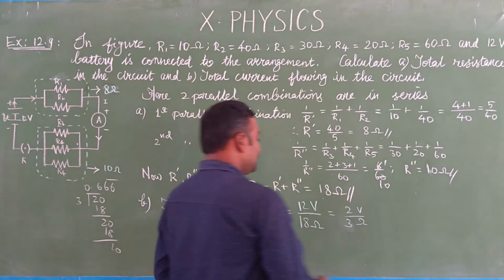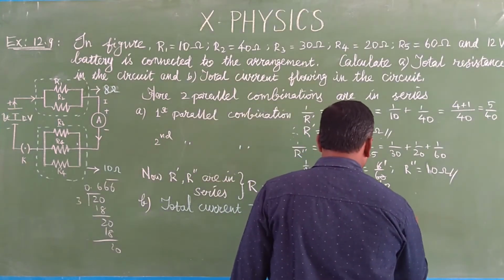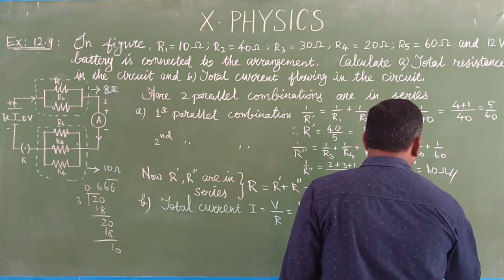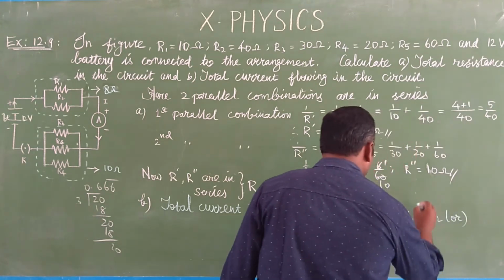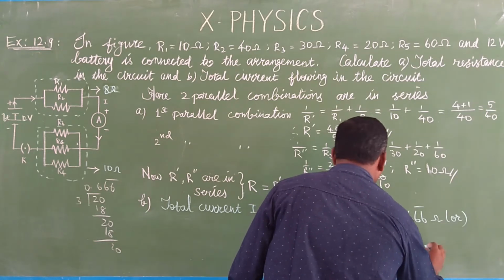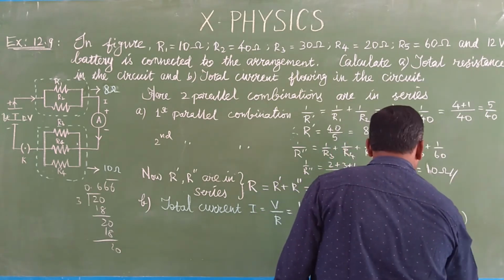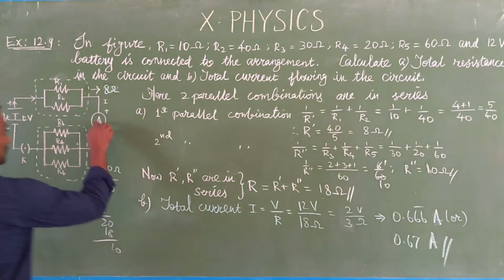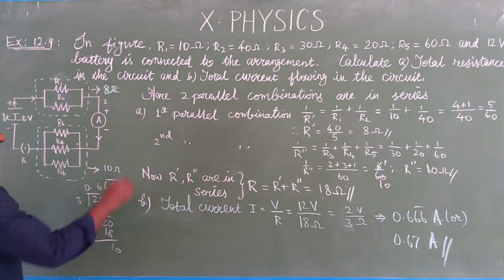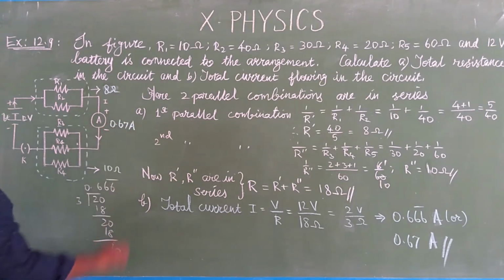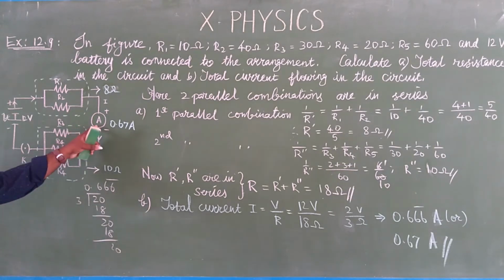So the answer is 0.666, or if you round up this value, 0.67 ampere. So the total current, which is measured by the ammeter, is 0.67 ampere. Like this, the ammeter shows 0.67 ampere.